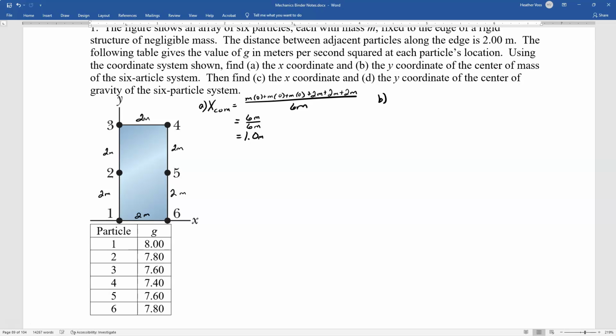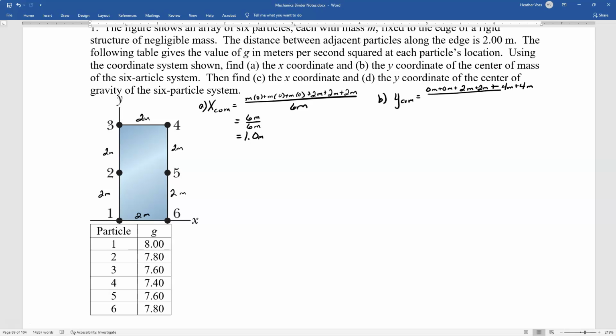Now our y center of mass. For 1 and 6, that's going to be 0, so we're going to have 0m plus 0m. For 2 and 5, we're going to have 2 meters up times the mass. For 3 and 4, those are going to be 4 meters up, so 4 times the mass.